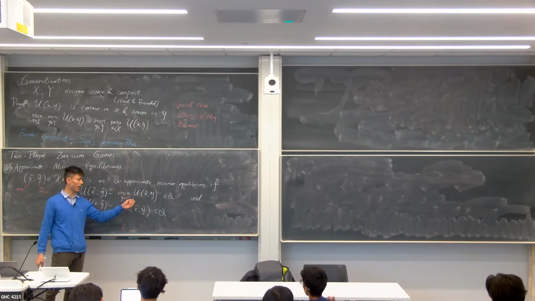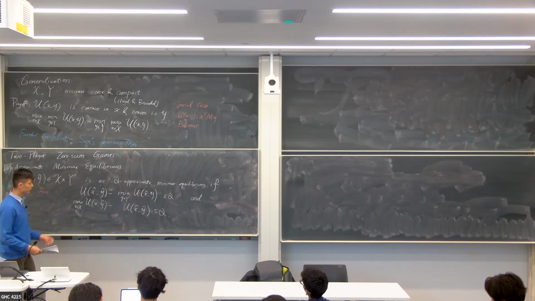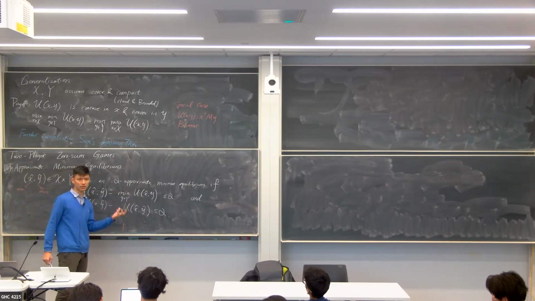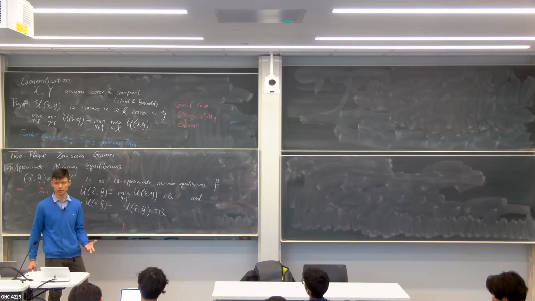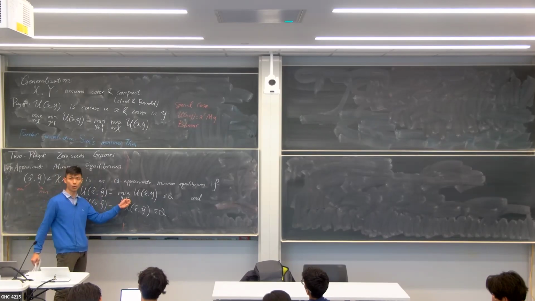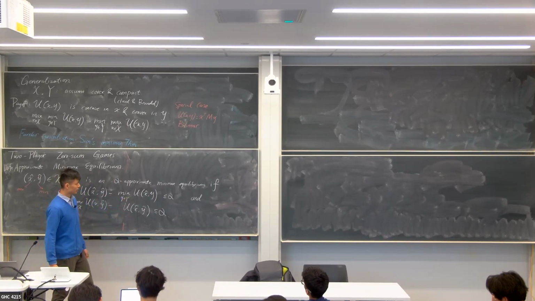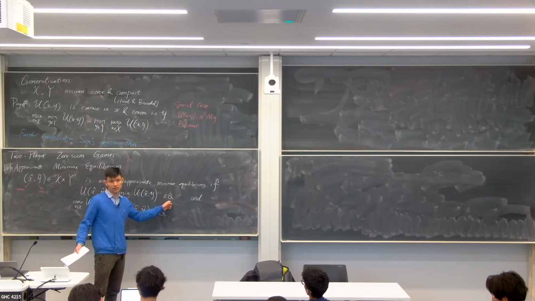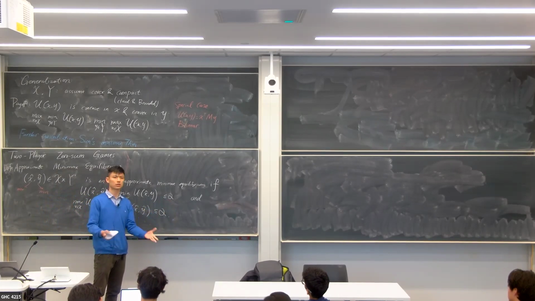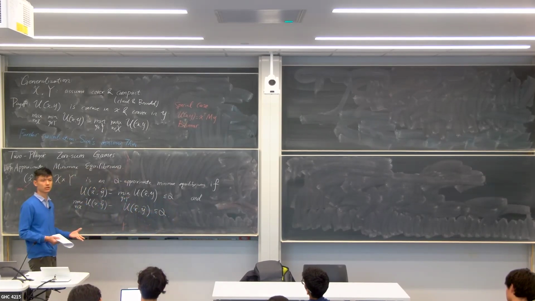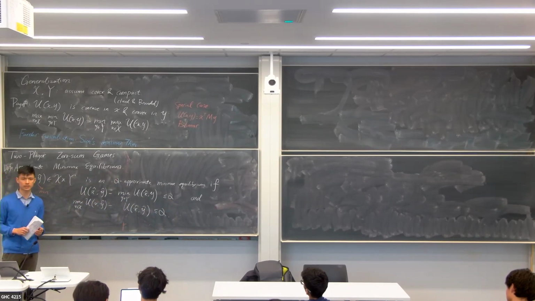Suppose I'm the player Y. So this inequality is basically saying that you might gain something by having second thoughts and exercising some deviation from y hat. The point is that the deviation won't gain you much, nothing more than some quantity alpha. Is it clear? Does it make sense?